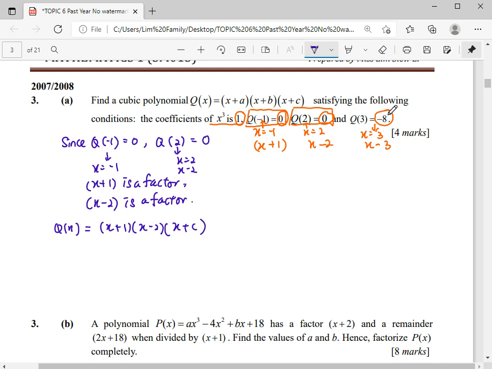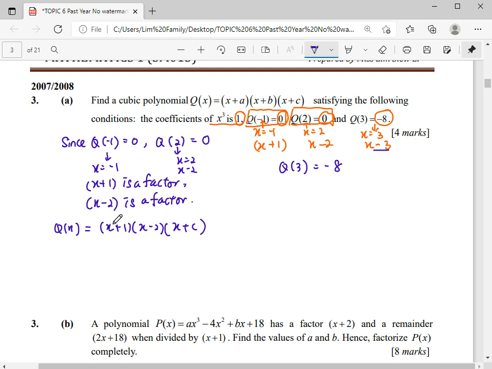So we will use the third information here, the remainder theorem. The remainder theorem says that Q(3) equals negative 8. So our x is equal to 3. We substitute into our polynomial here. This Q(x) also is our polynomial, just that the presentation is in factorized form, not expanded form. They are the same polynomial, whether written in factor form or expanded form.